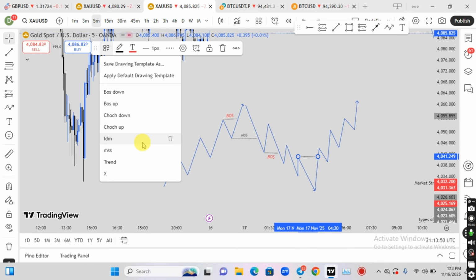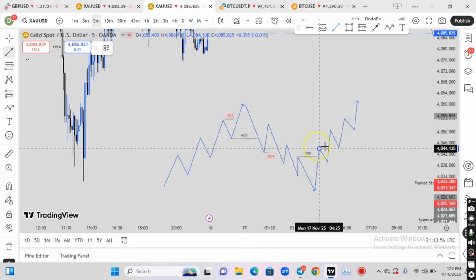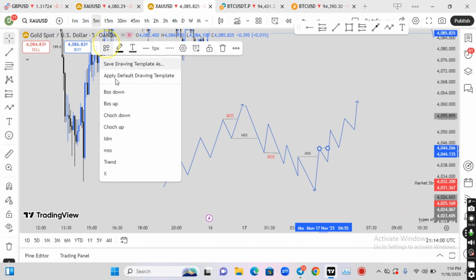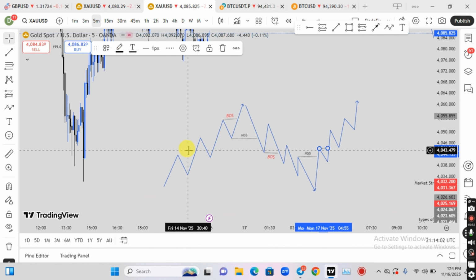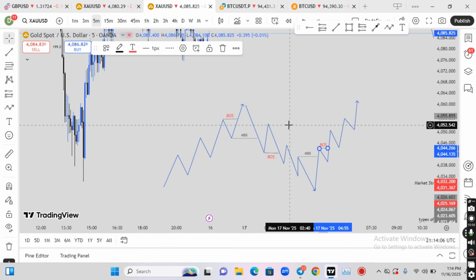If price decided to break this zone here, market structure shift, then we'll start looking for buy opportunities like this, right? Name it BOS. You just start looking for buy opportunities. That's all. That's what it is.